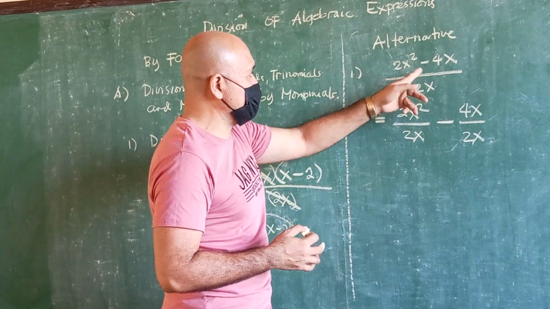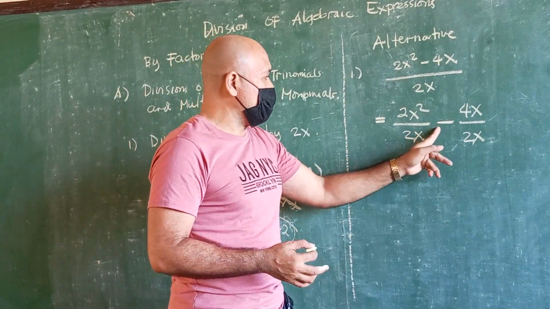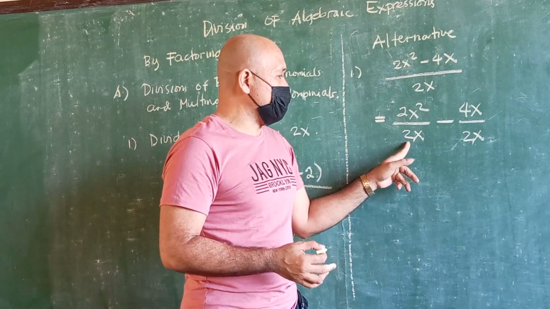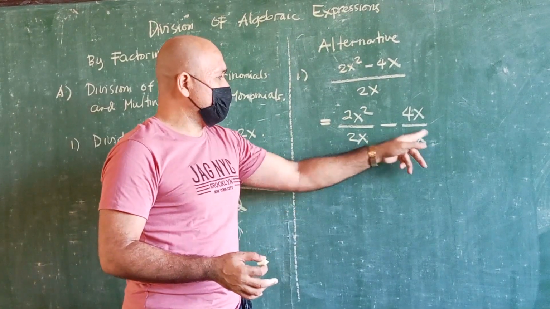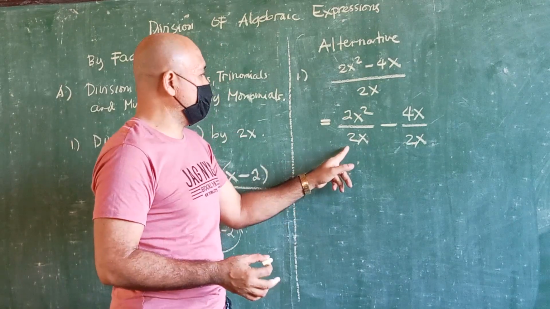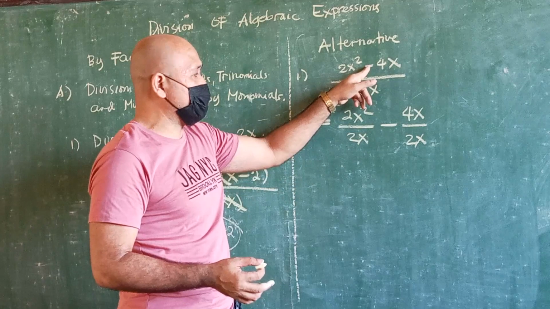Again, why is it difference? Also because the operation is minus here. So the rule is when we subtract similar fractions, where the denominators are the same, just copy the common denominator, that is the result, and then subtract only the numerators, that is the result.